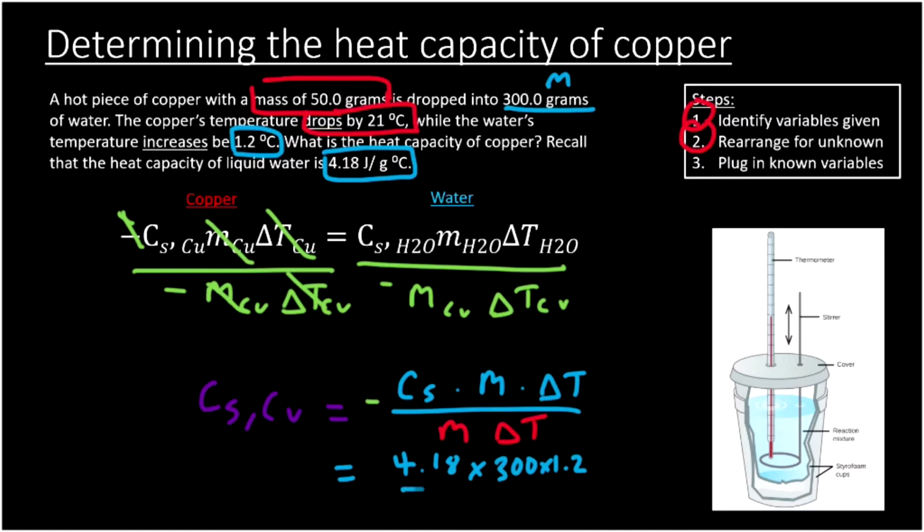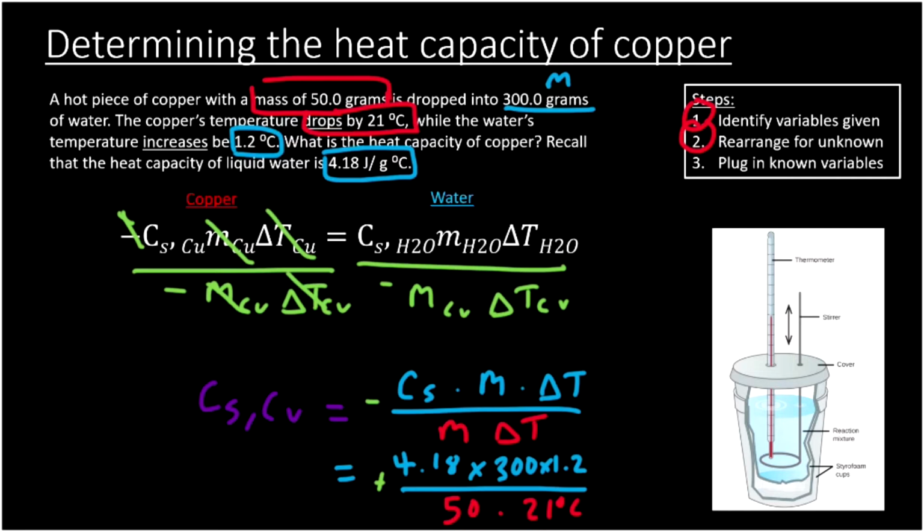And then I'm going to divide that by my mass for copper, which we know is 50 grams, times my change in temperature of copper, which we know is 21 degrees Celsius. And that's a drop. So here's what happens. This negative sign and this negative sign cancel out and make that a positive sign. So eventually those negative signs go away because one of my temperatures is dropping and one of them is increasing. Okay, so now I'm ready to multiply 4.18 by 300 by 1.2 and divide by 50 times 21.